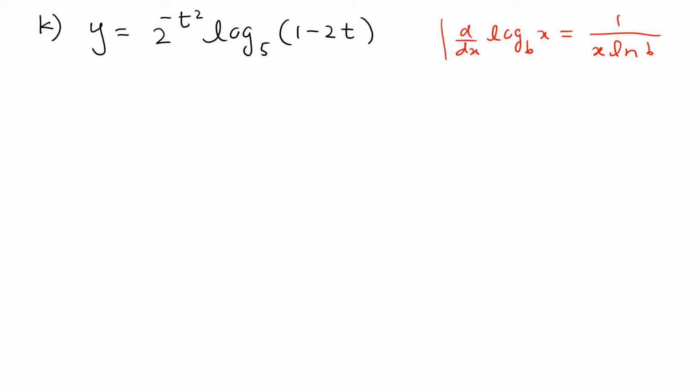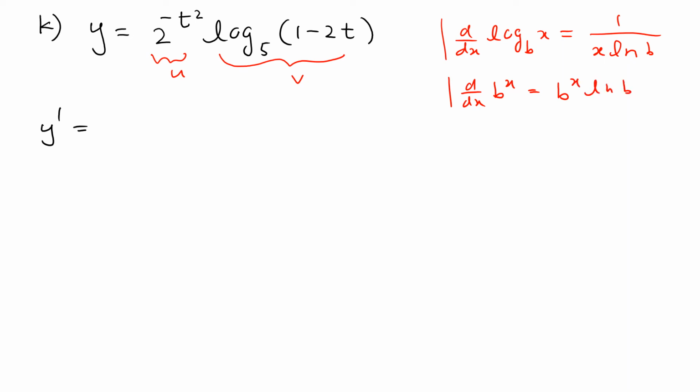And then you can see that there's a product here. So we have a u and a v. So you have to use the product rule first. If you use the product rule, y prime equals, there'll be a lot of writing here. We take the derivative of the first function. The first function is an exponential, so we recall that the derivative of b to the x is b to the x, and then you multiply by ln b.